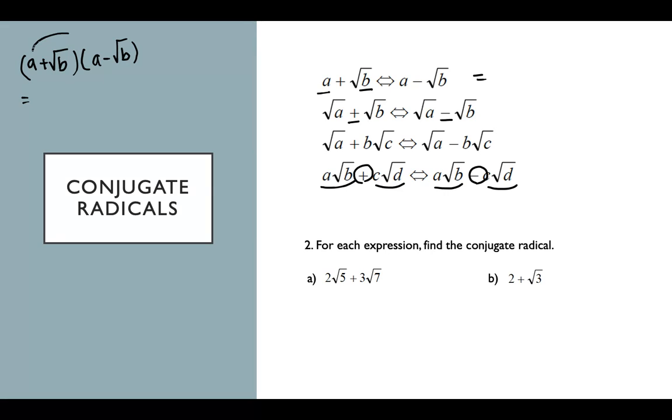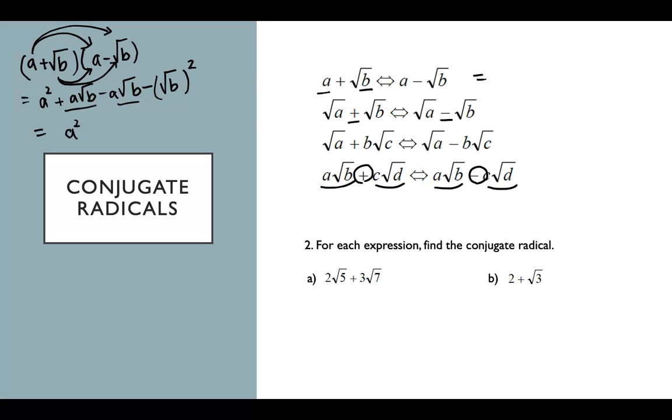So it's front, outside, inside, last. It's a really long way, which is a squared plus a square root b minus a square root b minus b squared. So you will notice that these two cancel out.